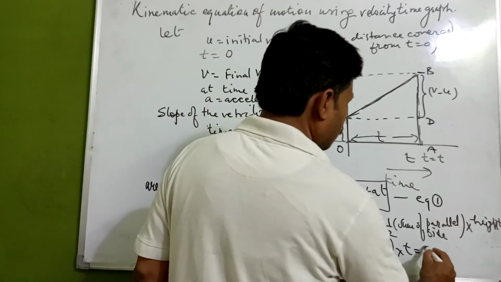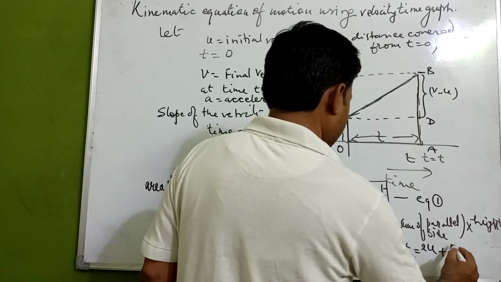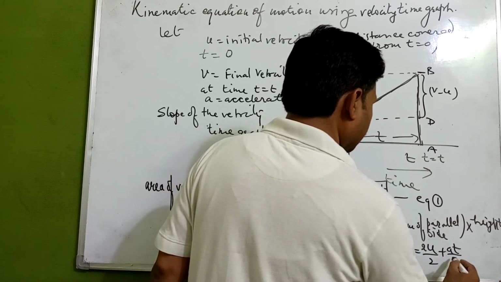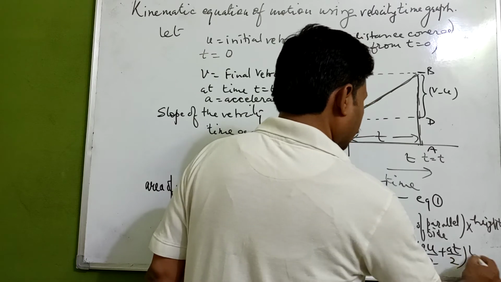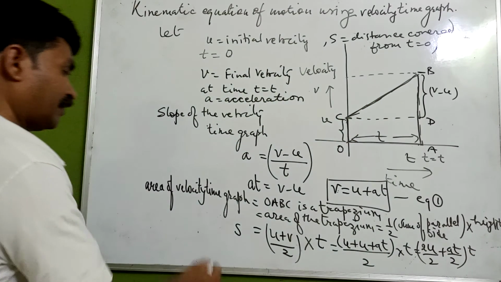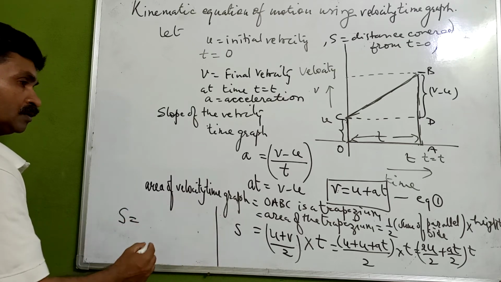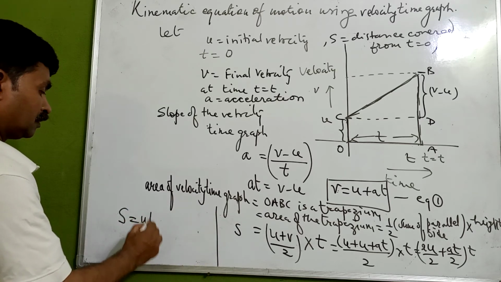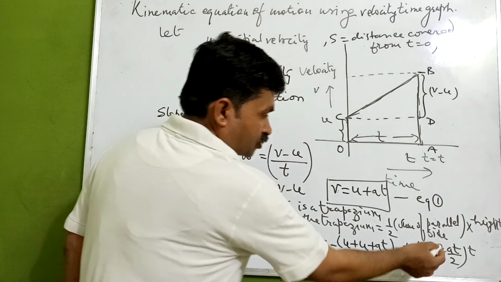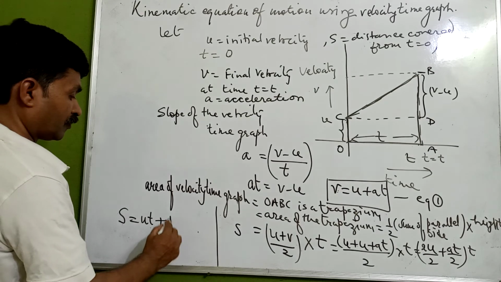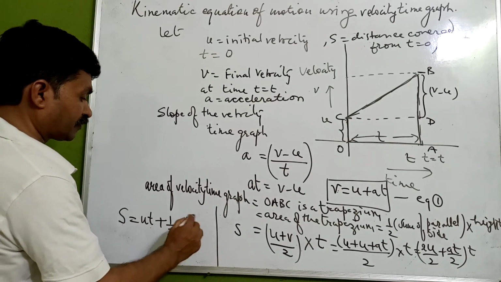Dividing individually by 2, we get s is equal to ut plus 1 upon 2 at square.